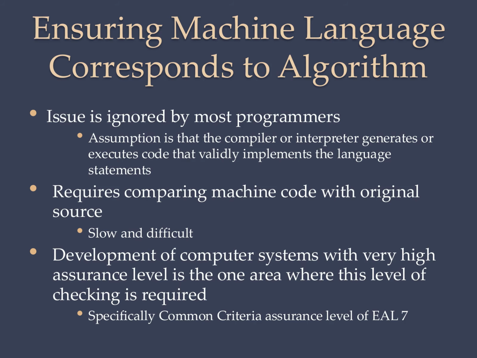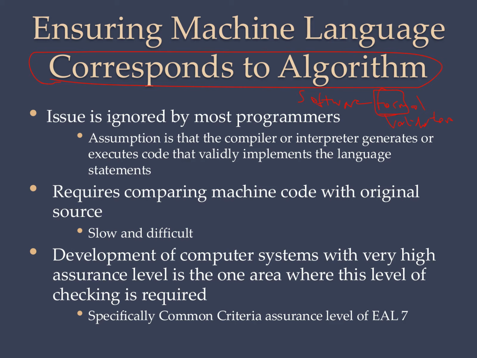This tells you about the machine language corresponding to the algorithm, which is defined as software validation. Formal validation. Formal here means in the form, whatever is written in the form.